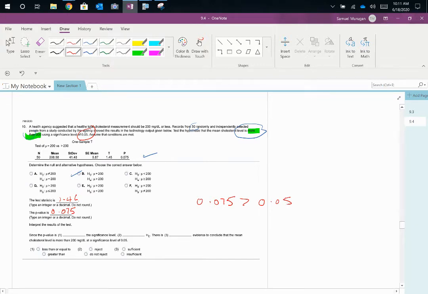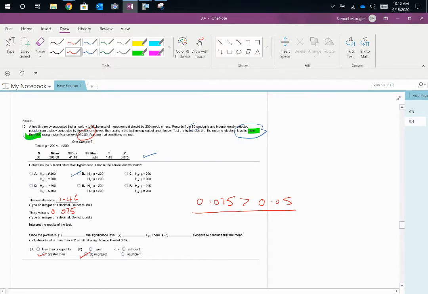So since the p-value is greater than the significance level, do we reject or not reject? What do you guys think? Right. Do not reject if it's greater than. Do not reject. Do not reject.